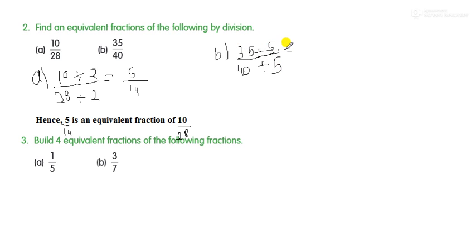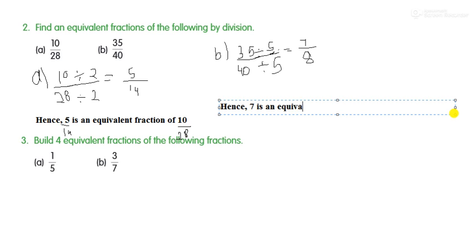So 5 7s are 35, 5 8s are 40. So hence 7 by 8 is an equivalent fraction of 35 by 40.